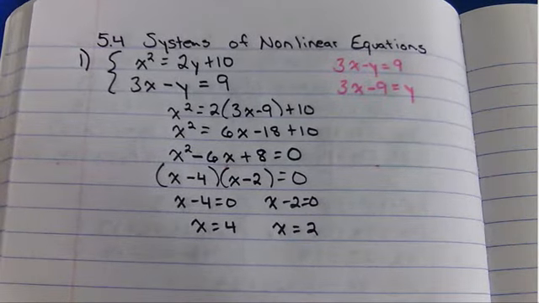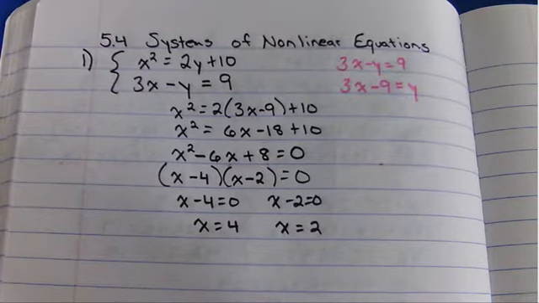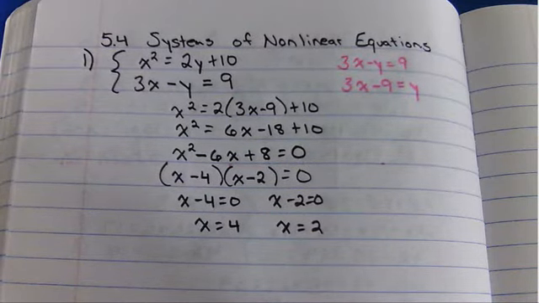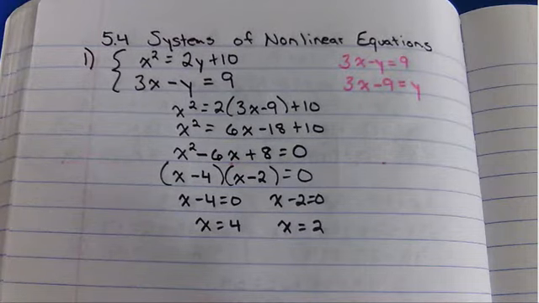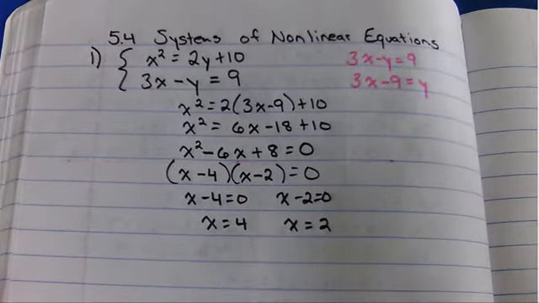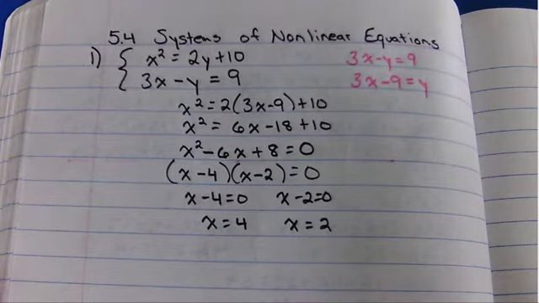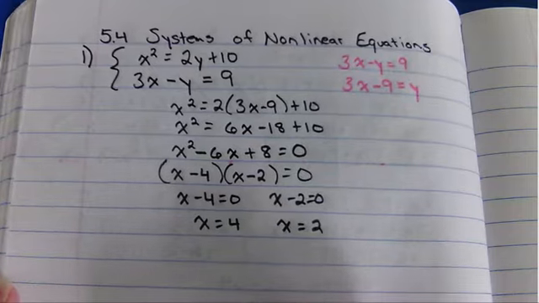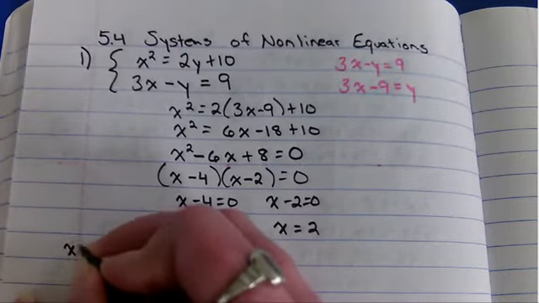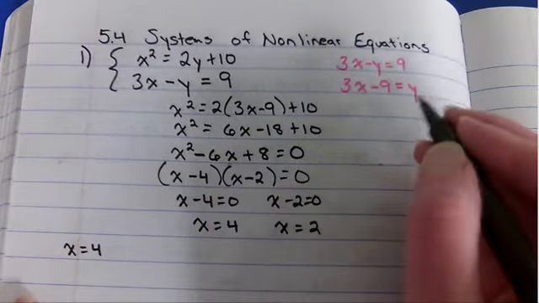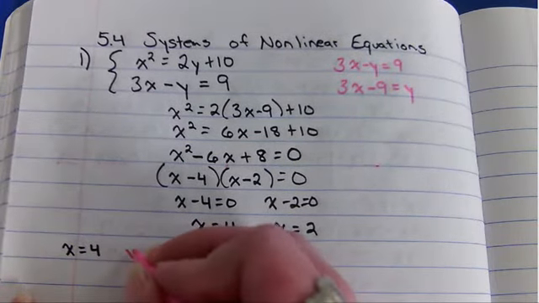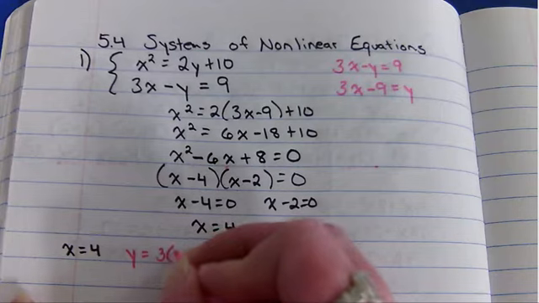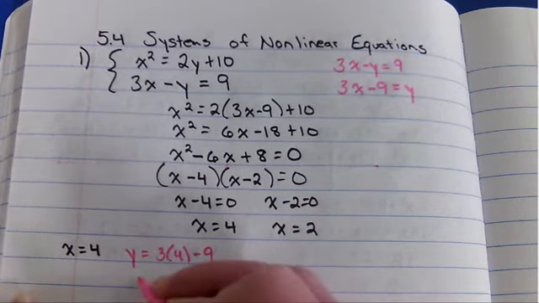Now remember, to be a solution, it needs to work in both equations. So let's start with x equals 4, using this equation over here. I would get y equals 3 times 4 minus 9.